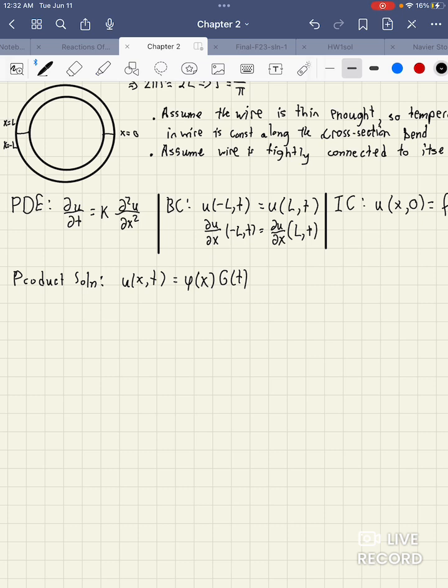If I substitute this, I get phi of x times partial g partial t equal to k g times partial squared phi partial x squared. Now let's separate them.